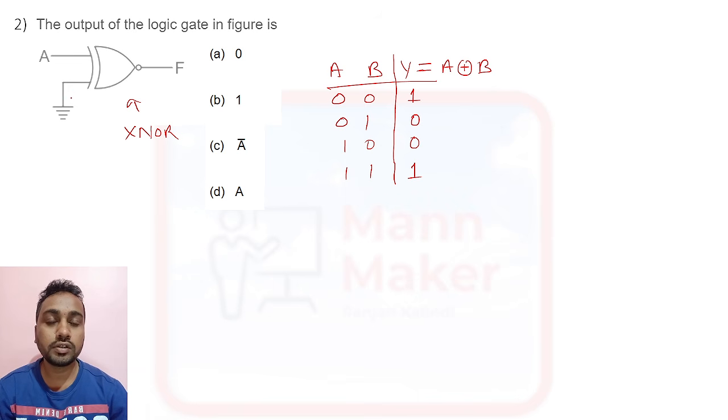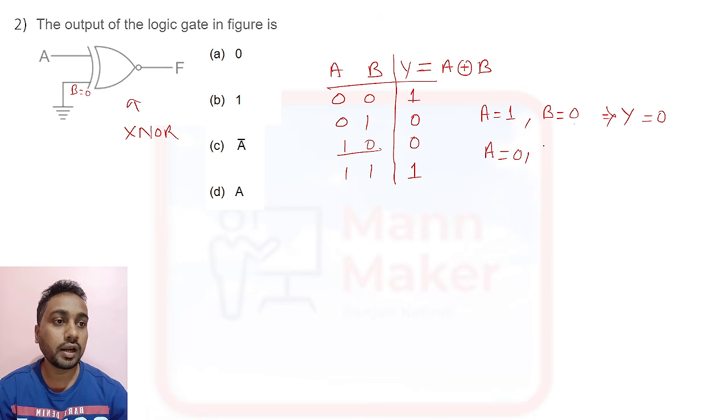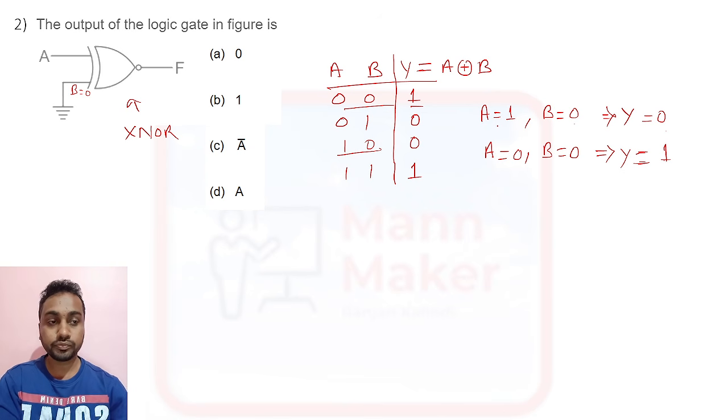Here, this is ground, so B is always 0. Now if we put A equal to 1 and B is already 0, then the input is 1 and 0, so the output will be 0. In the other case, when A is 0 and B is already 0, that is 0 0, so the output is 1.